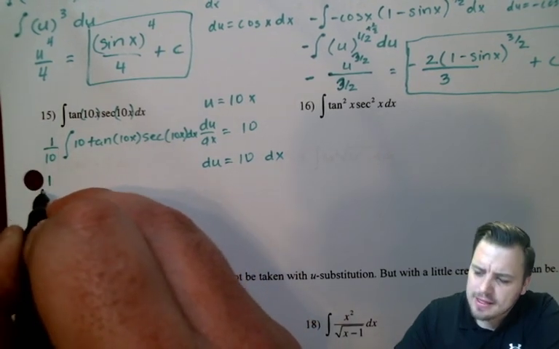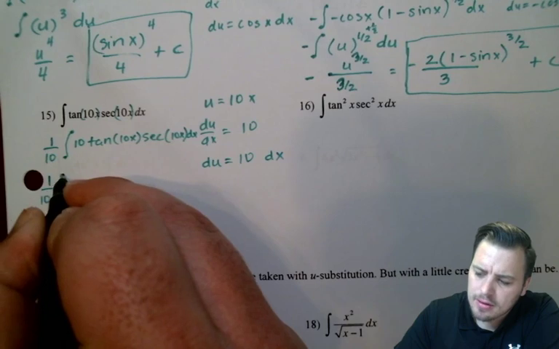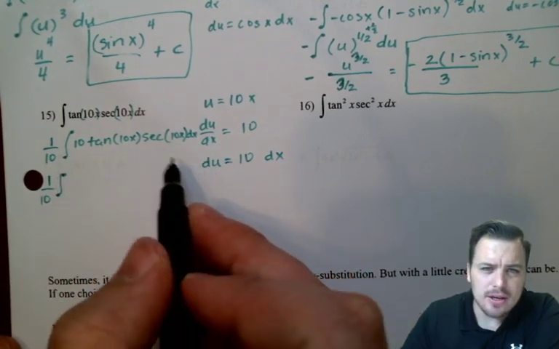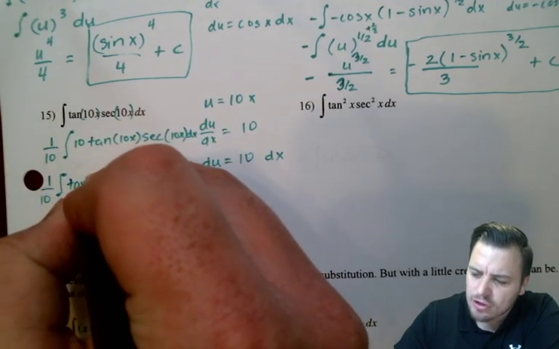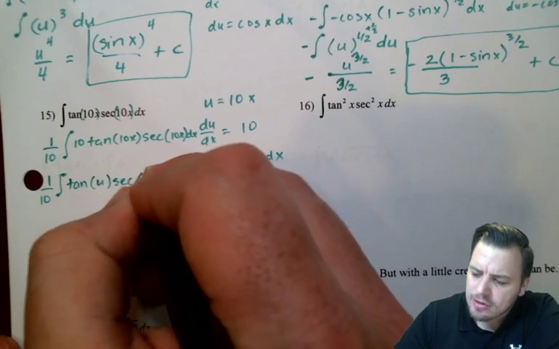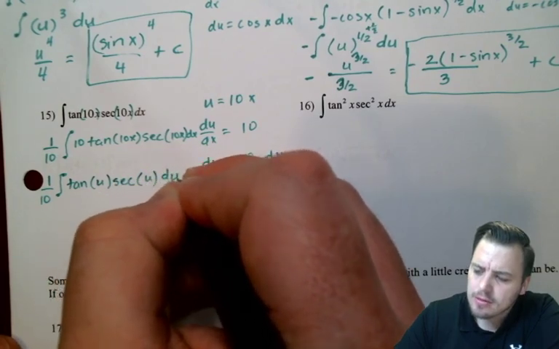So I got 1/10, and 10 dx goes to du, and then that would just be tangent of u, substitute u in, secant of u, and then du.